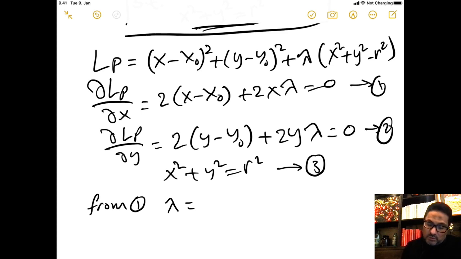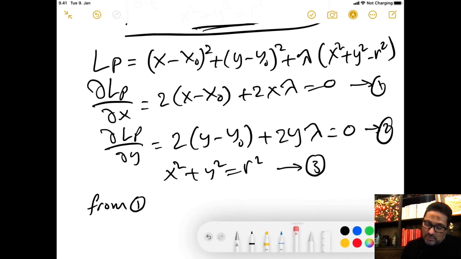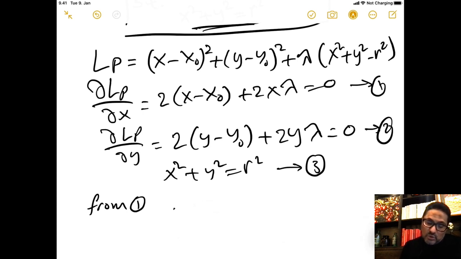So x as a function of lambda: we can take 2 as a common factor, and then we have x minus x0 plus x lambda equal to 0.